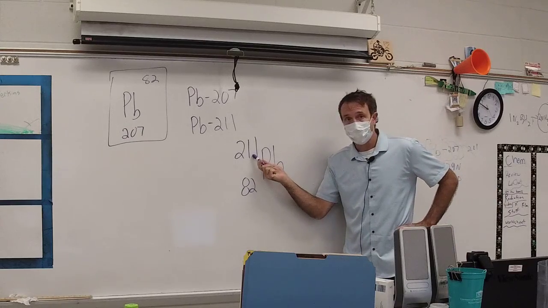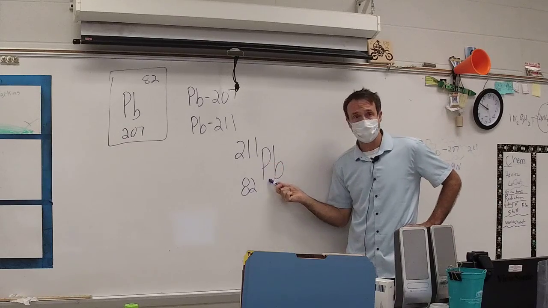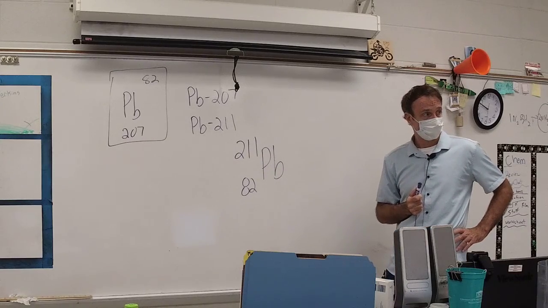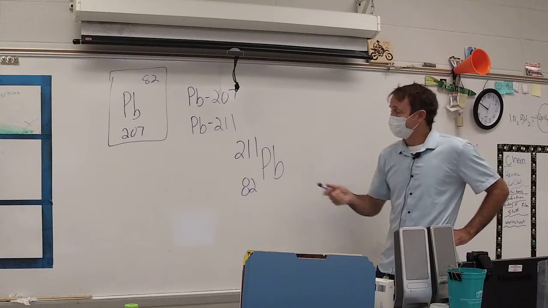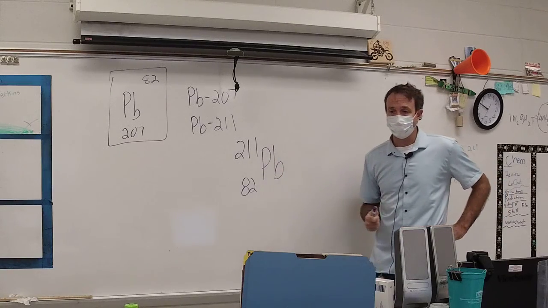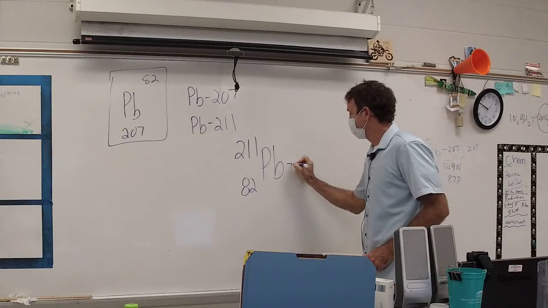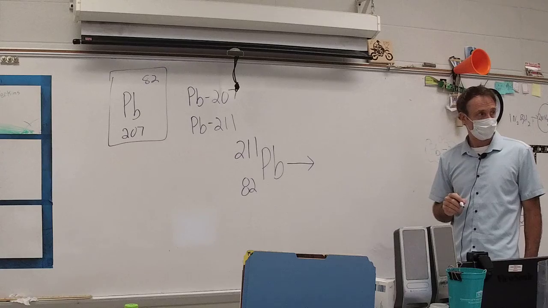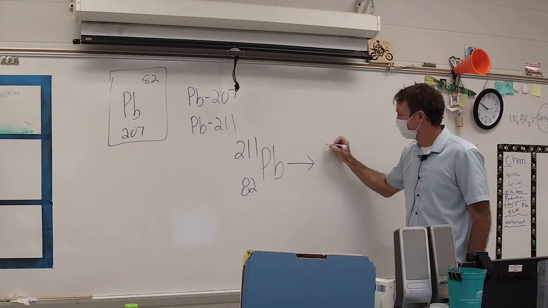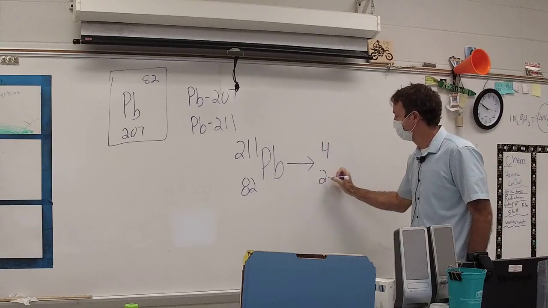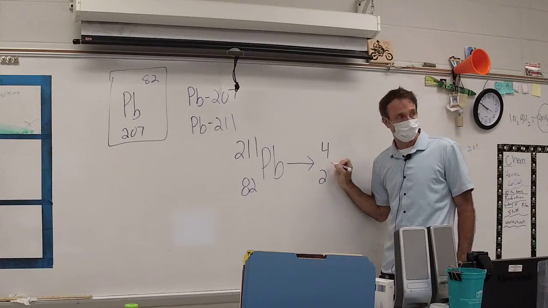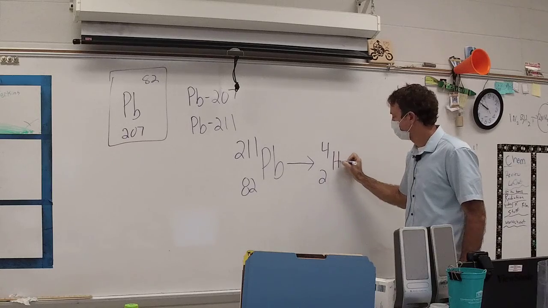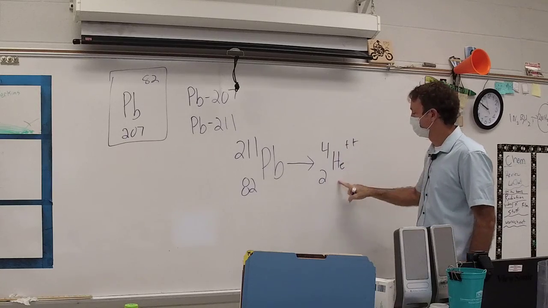The weight over the atomic number, then you write the atomic symbol, okay? So 211 over 82 Pb, that could break down into an alpha particle, 4 over 2, and we could write either alpha or helium here, right? I'm going to write helium. Plus, there's an alpha particle.